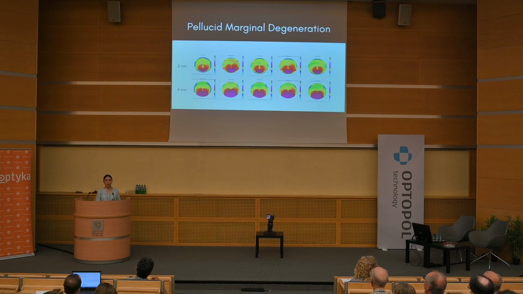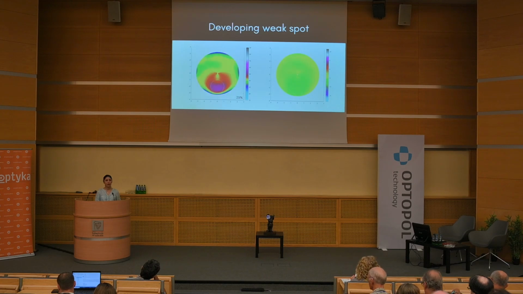But let's go back to the inferior keratoconus that we developed for different diameters. For those who are familiar with keratoconus, you can see that the pattern is like pellucid marginal degeneration. So to investigate this more, we performed more analyses, developing the weak spot.